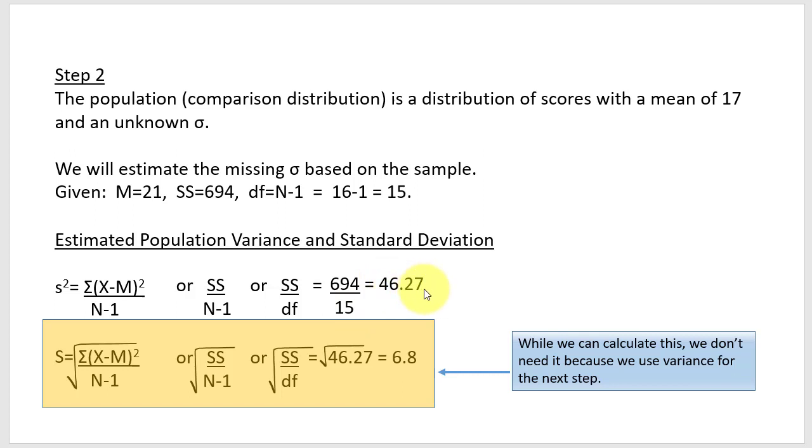So the unbiased estimate of the population variance is 46.27. Now, you might be thinking, oh great, now we can calculate the unbiased estimate of the population standard deviation. You can, but we actually don't use that. We use the unbiased estimate of the population variance because our next step is to create a distribution of means, and we do that using the unbiased estimate of the population variance.